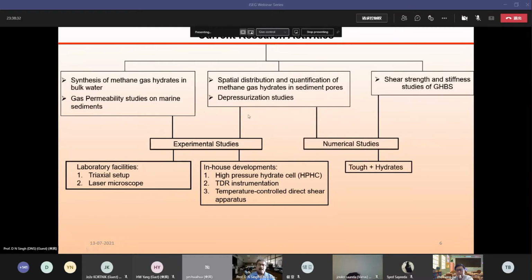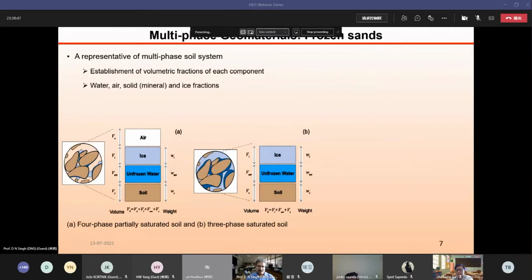Whatever experiments we have done so far, we are trying to use them to do numerical studies. This is where we use the TOUGH+Hydrate software, which gives you the state of the material. This is a very rough idea on which we are working right now. We are trying to study the multi-phase behavior of frozen sands.